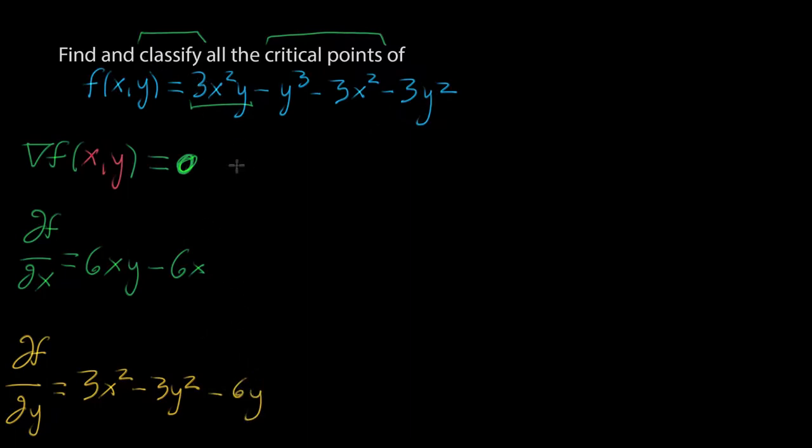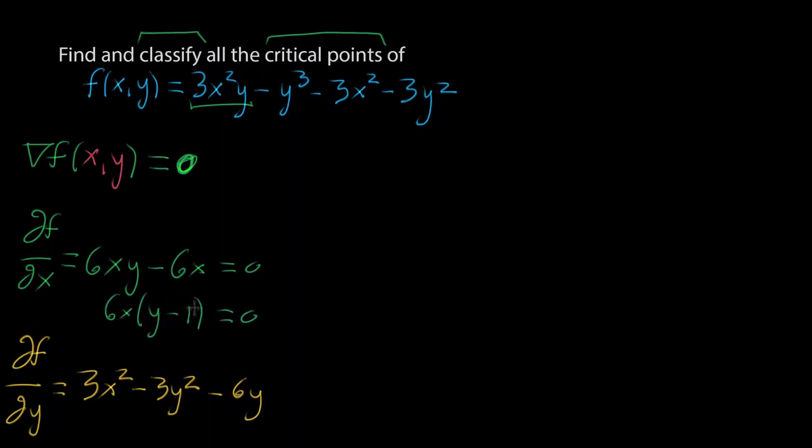So when we are finding the critical points, the first step is to set both of these equal to 0. So this first one, when we set it equal to 0, we can simplify a bit by factoring out 6x. So this really looks like 6x multiplied by y minus 1, and that's what we're setting equal to 0.